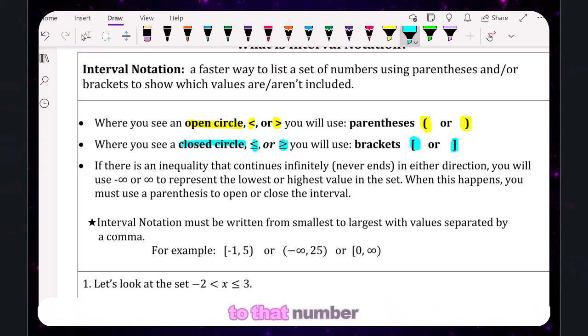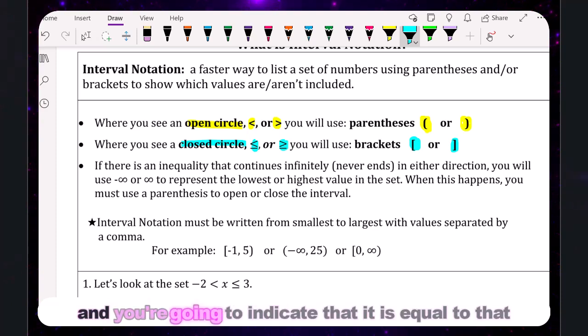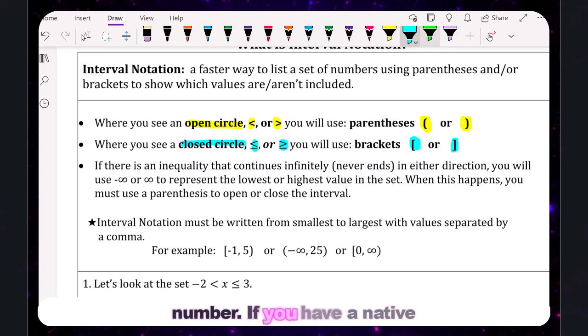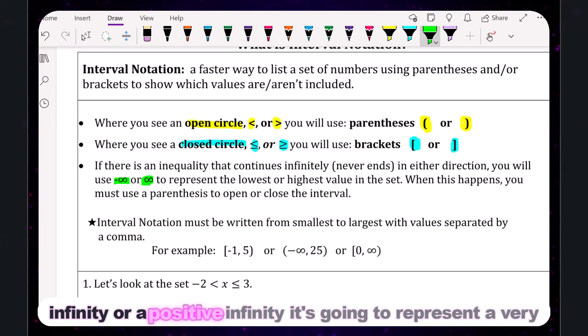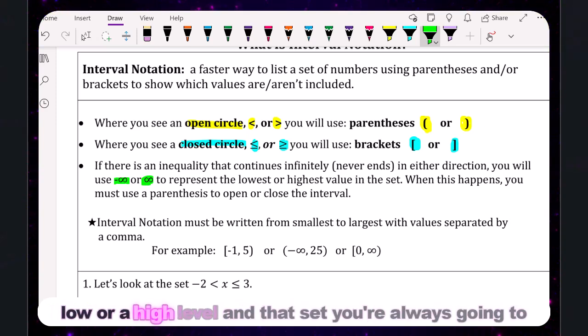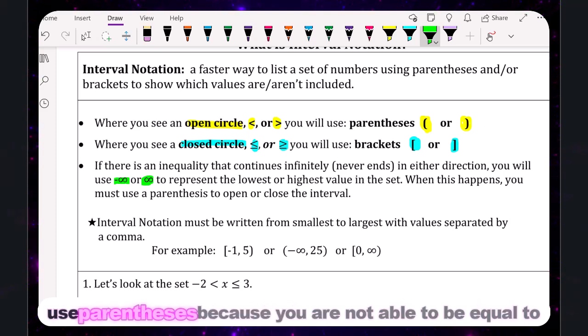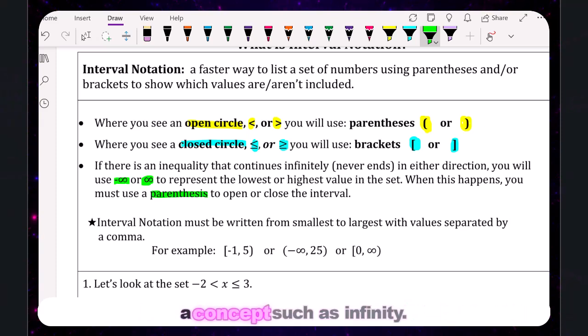Those are going to go next to that number, and you're going to indicate that it is equal to that number. If you have a negative infinity or a positive infinity, it's going to represent a very low or a high level in that set. You're always going to use parentheses because you are not able to be equal to a concept such as infinity.